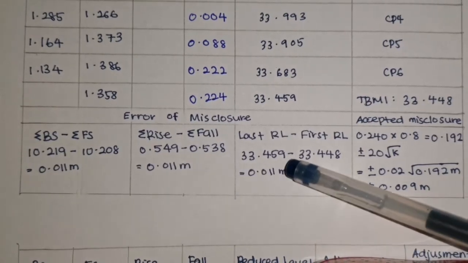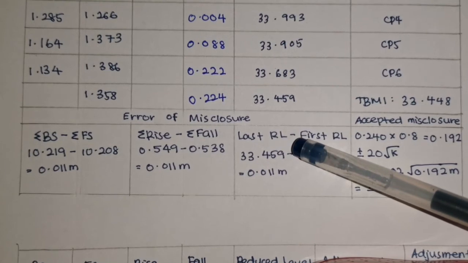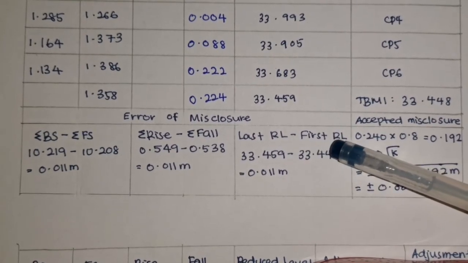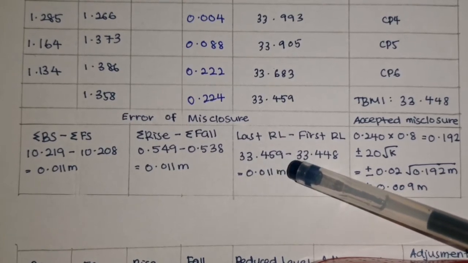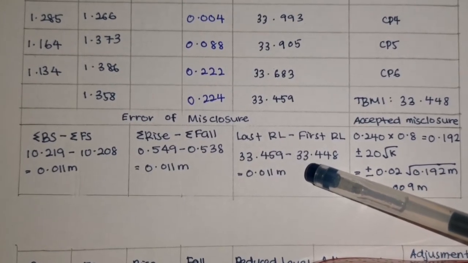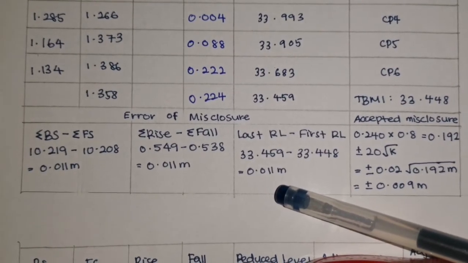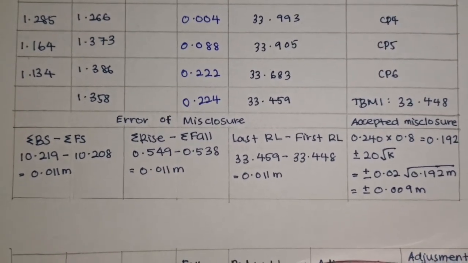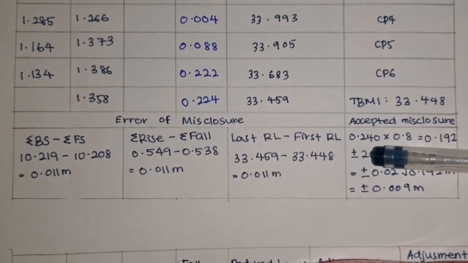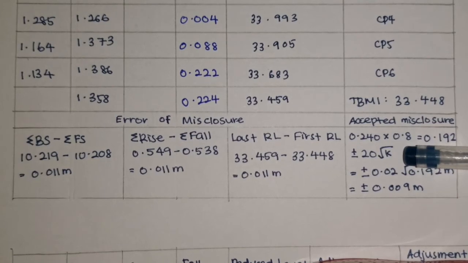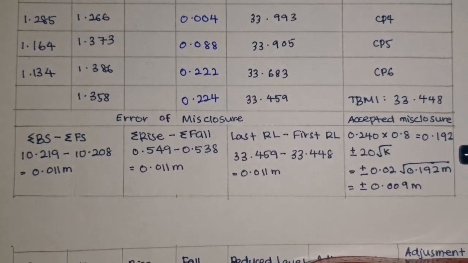The last step is last RL minus first RL, that is 33.459 minus 33.448. Then we get 0.011 meter. For accepted misclosure, 0.240 times 0.8, then we get 0.192.